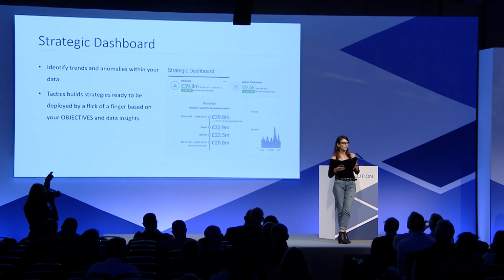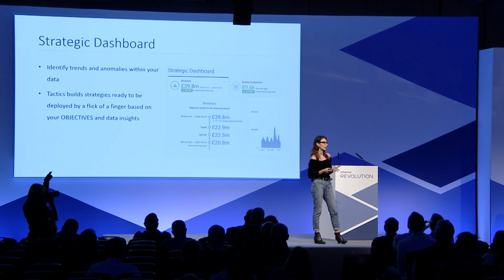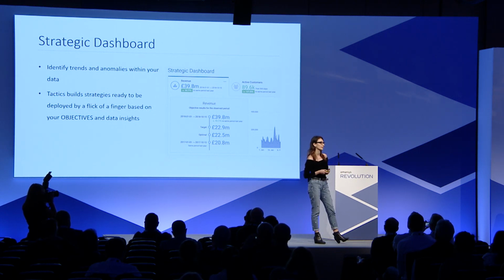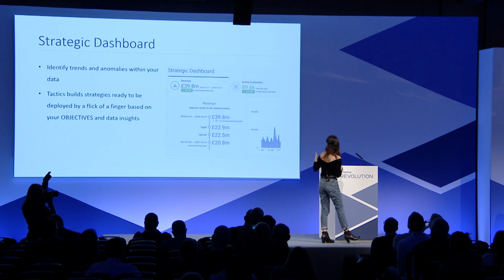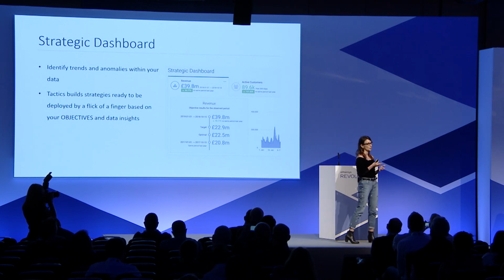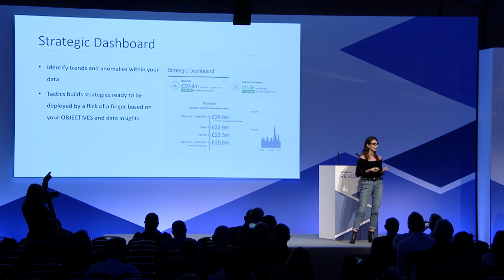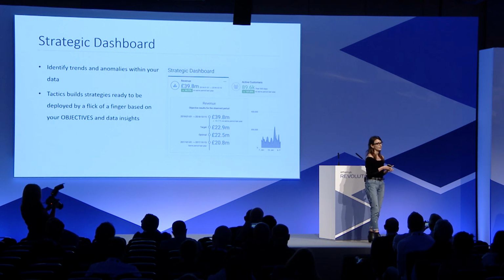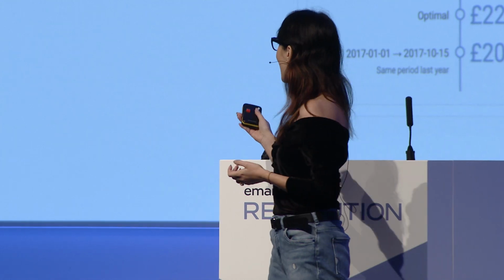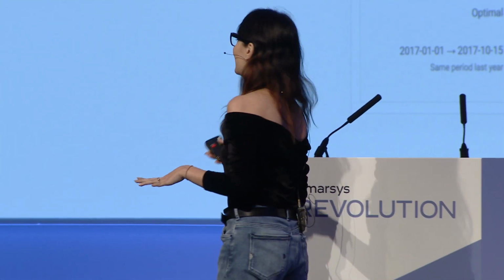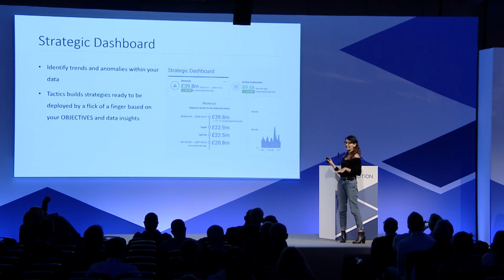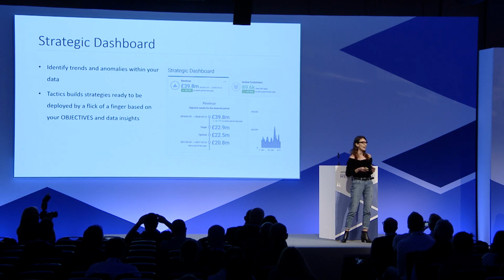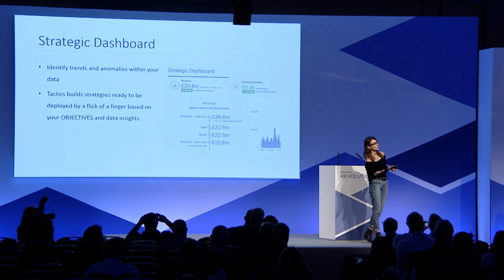In a nutshell, what strategic dashboard and tactics does is look at your data, then look at the trends and any anomalies in your data, because you need to learn first how to use and look at your data. And then the coolest thing is that it automatically builds tactics and strategies that you can deploy super, super easy.